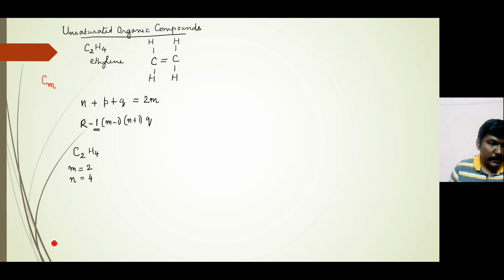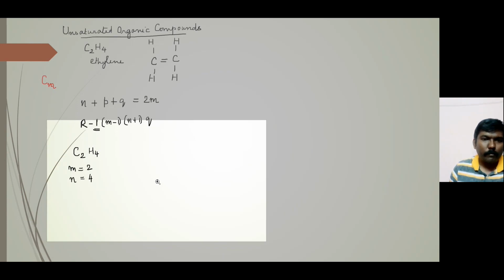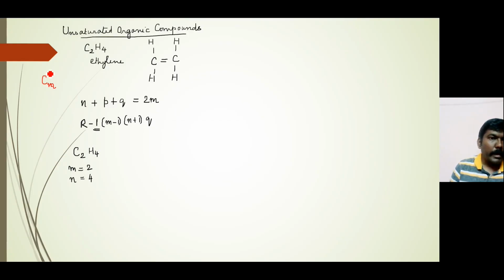Let me erase it. Sorry. Okay, I'll strike this and write. I'm not able to find the eraser. So the general expression still remains as Cm, Hn, CLP, and FQ. That doesn't change. That still remains the same.